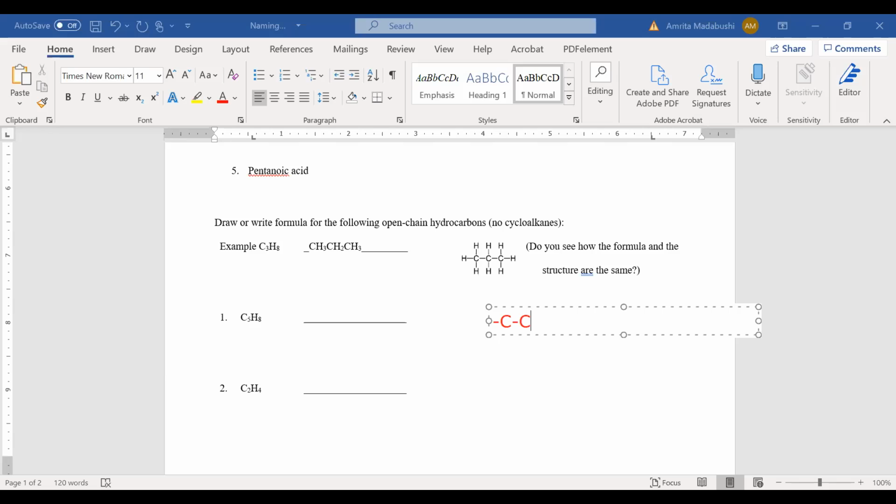First, I know there is C5, so let me at least make C5. And now I can put only 8 H. So I can at least, wait a minute, I hope this question is not wrong. I can at least put the H over here and put the H over here.